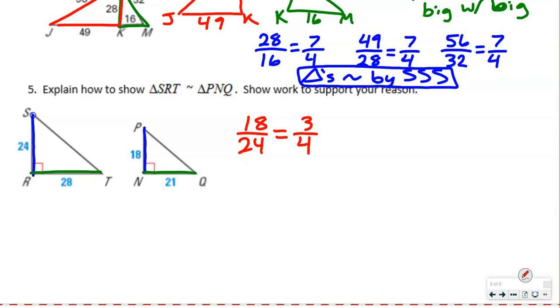And then our other proportion would be 21 over 28. Greatest common factor here is 7. 21 divided by 7 is 3. 28 divided by 7 is 4. So we're able to show that our two sets of sides are proportional, and we have a congruent angle in between those two sides, so the triangles are similar by SAS.